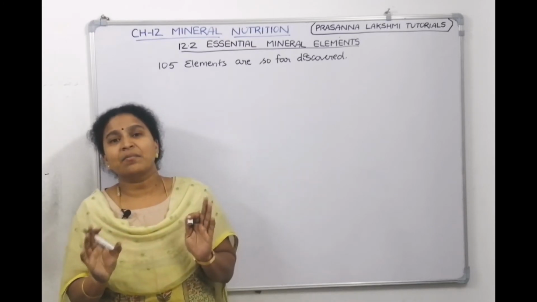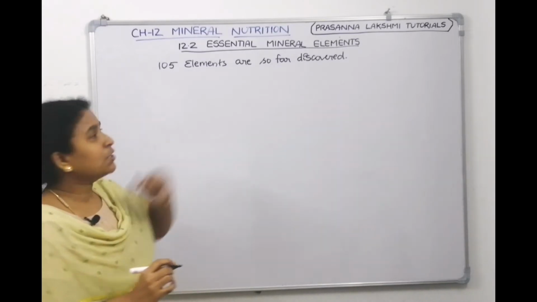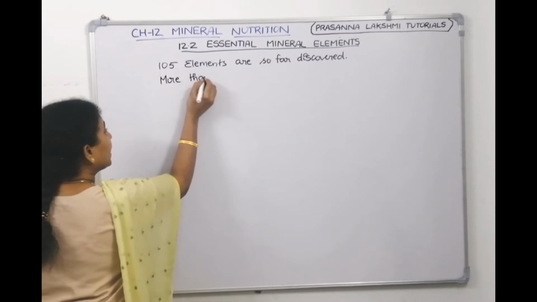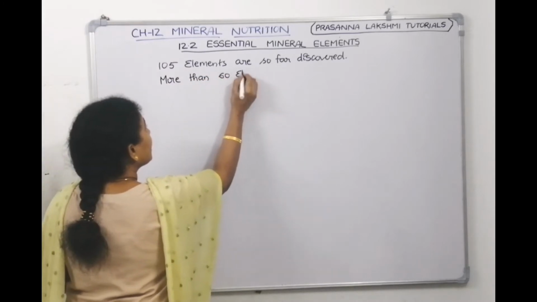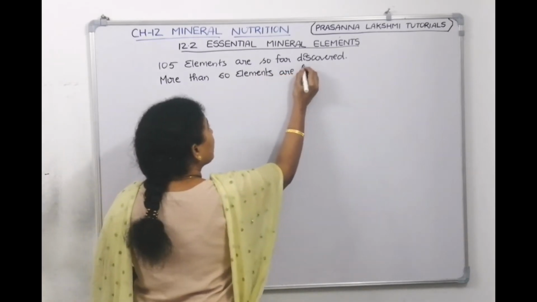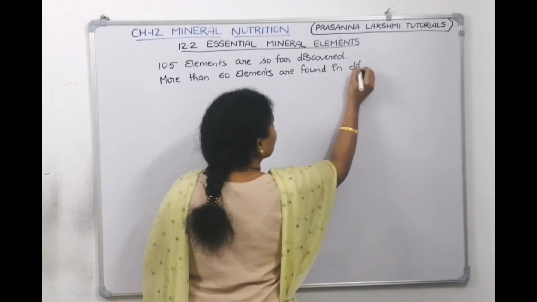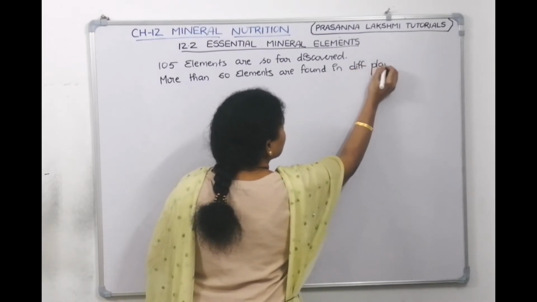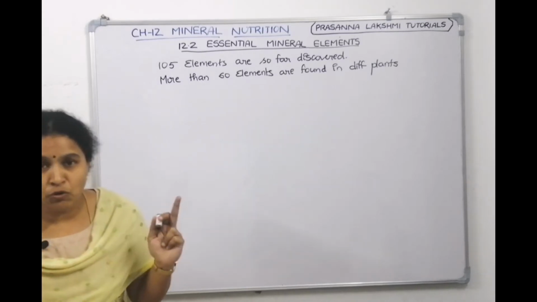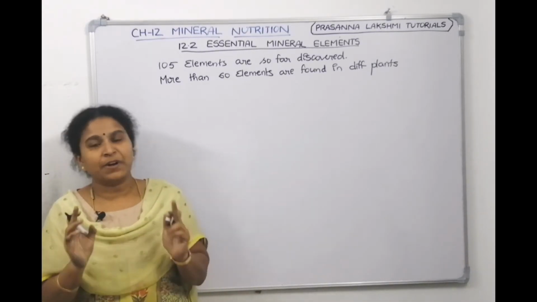More than 60 elements are found in different plants.